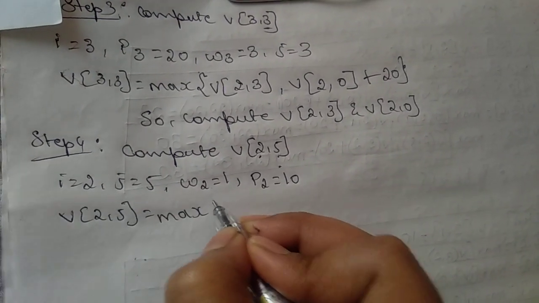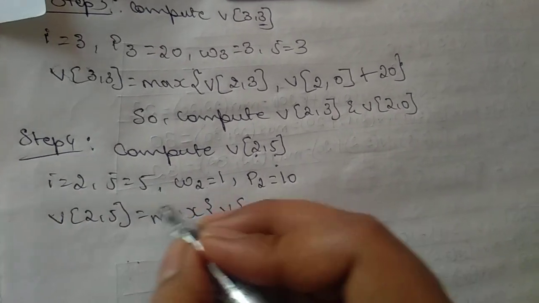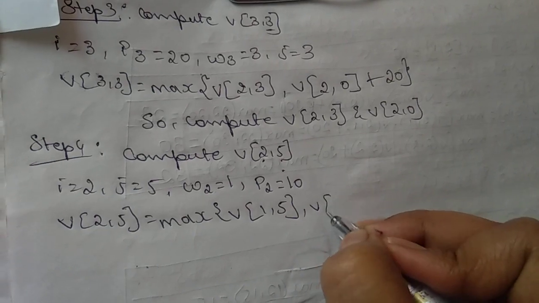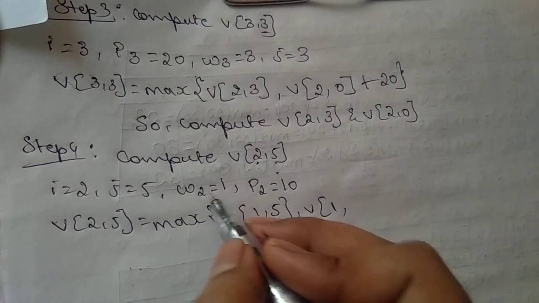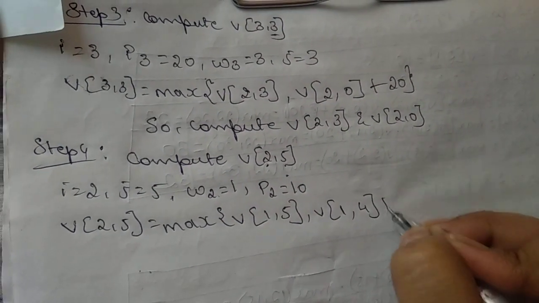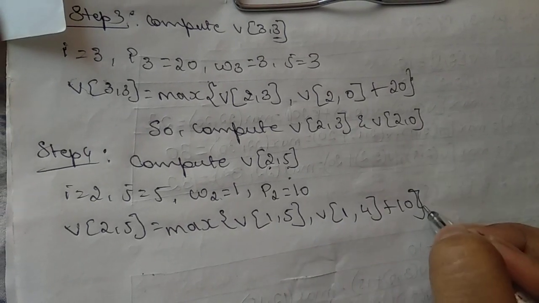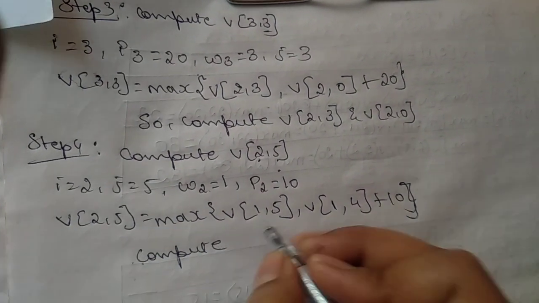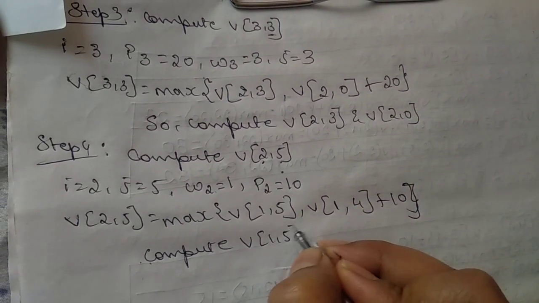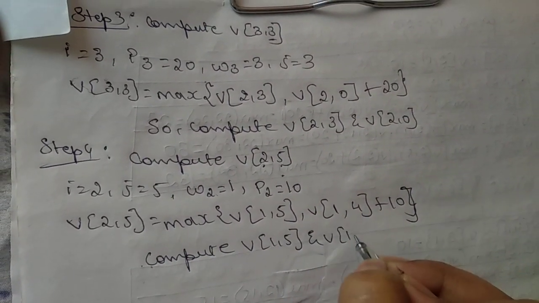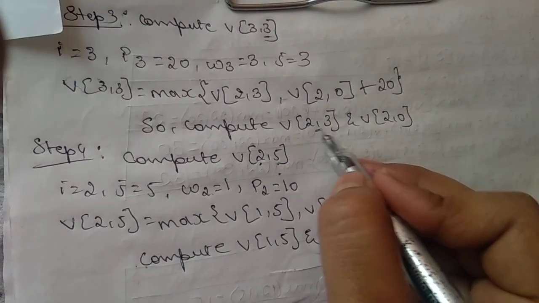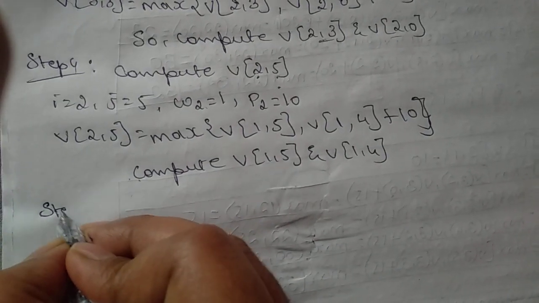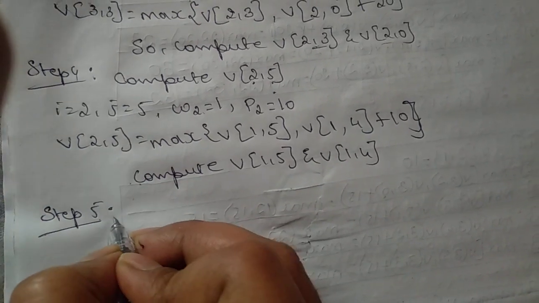Max of V of I minus 1, that is 1 comma J, that is 5; V of I minus 1 is 1, J minus Wi is 4, plus profit 10. So compute V of 1 comma 5 and V of 1 comma 4. Still we have not computed this also. We are computing with respect to step 2. Then step 5.